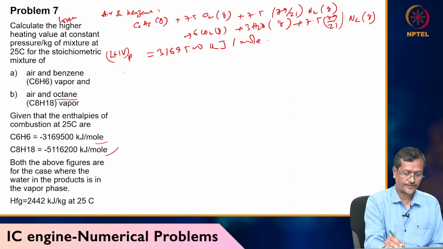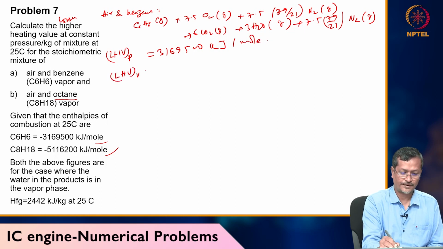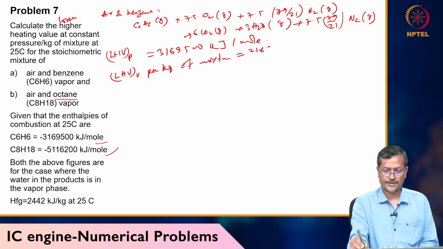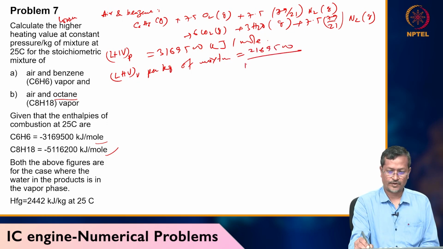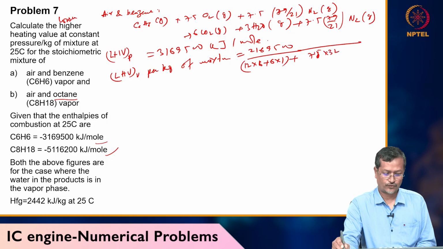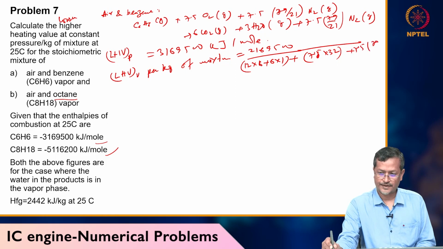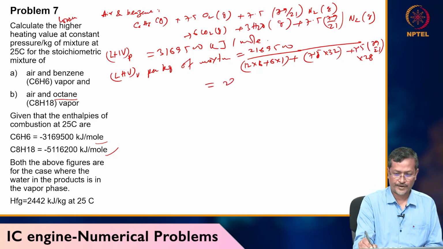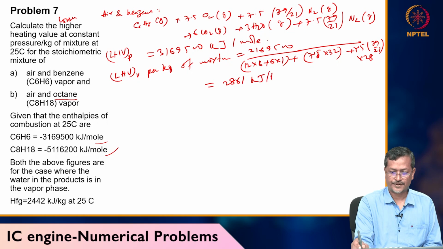So LHV at constant volume per kg of mixture equals 3169500 divided by (12 into 6 plus 6 into 1 plus 7.5 cross 32 plus 7.5 times 79 by 21 into 28). This gives a value of 2861 kJ per kg.